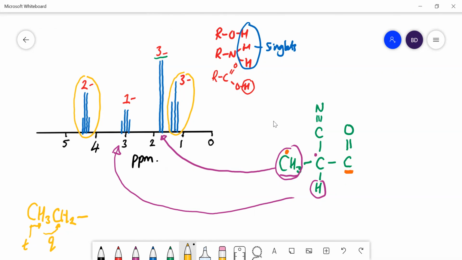Another thing which strikes me about this is the ppm is pretty high. It's just over 4, and that is usually when there is an oxygen attached to this carbon. So I think we've got that there. Then if I just transfer this group here and stick it onto the rest of the molecule, we have accounted for everything.